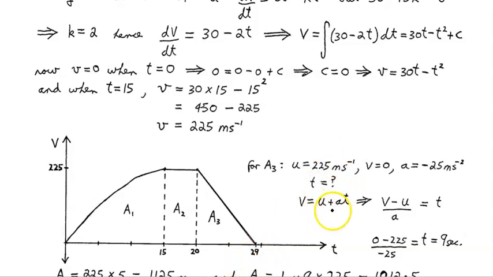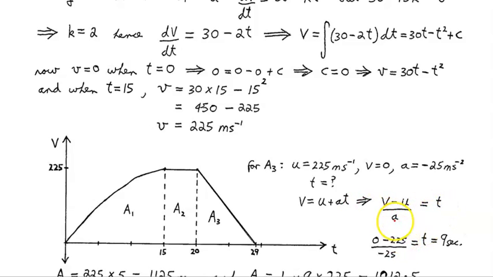Well, we can use the equation. We know that u is plus 225 meters per second, the final velocity v is 0, and the deceleration is minus 25. We must put the minus there. What is t? We can use the equation v equals u plus at and transpose it to make t the subject.